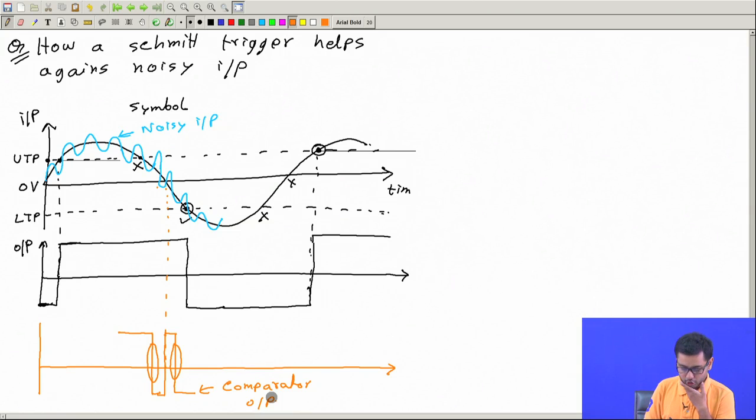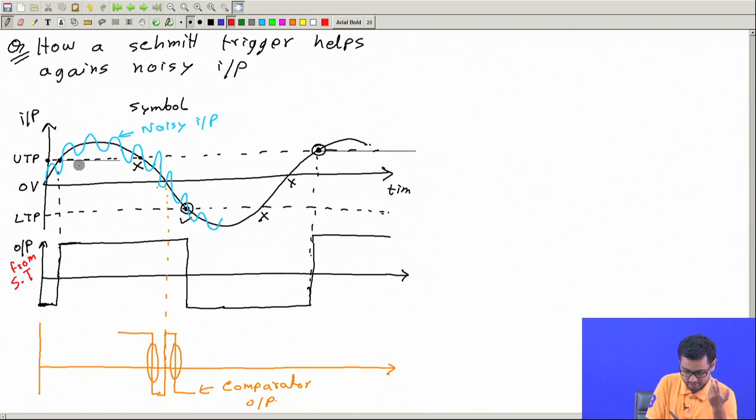But how will be the output of a Schmitt trigger? Let me write the output from the Schmitt trigger. Let's start with the assumption that the output is positive here, because it's a normal assumption.